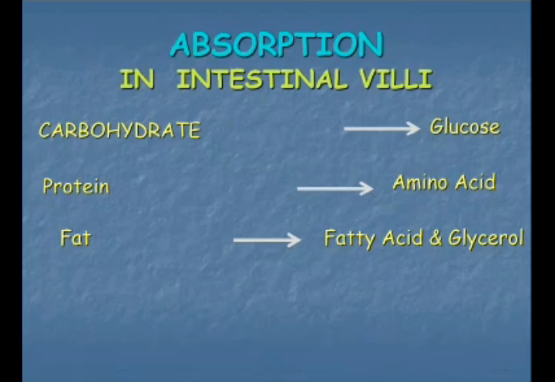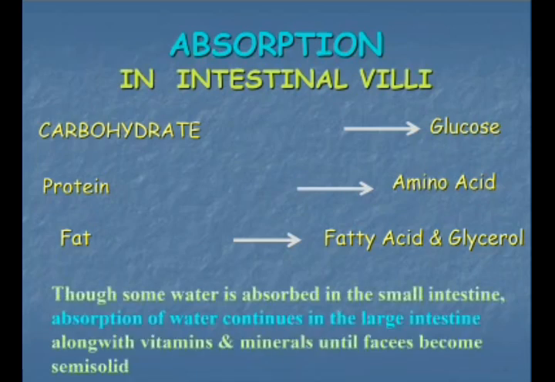Friends, with the food we take water, and this water is absorbed from the small intestine itself, and the absorption of water continues in the large intestine along with the vitamins and minerals, and this absorption continues until the feces become semi solid, and this feces is the undigested food which is stored in the rectum of the large intestine, and the final process of digestion is elimination, and this undigested food, that is feces, is eliminated out from the anus from our body.